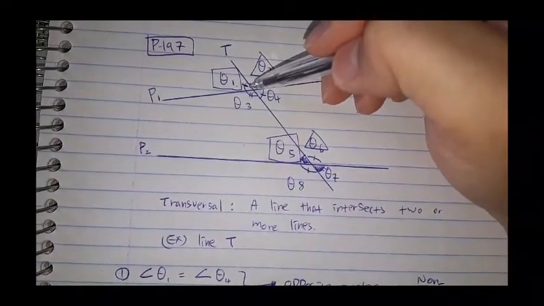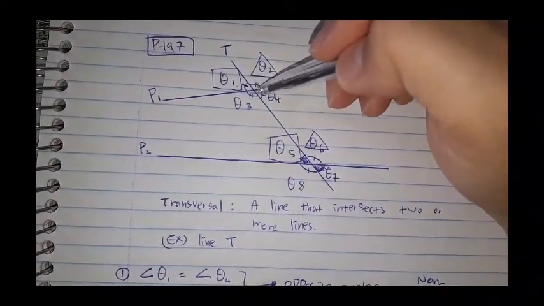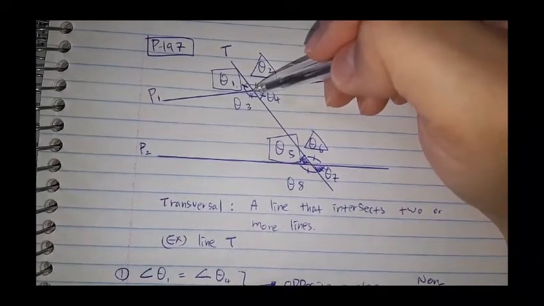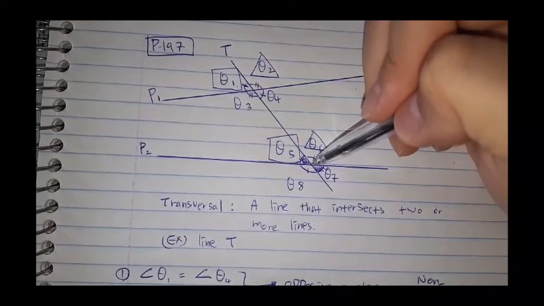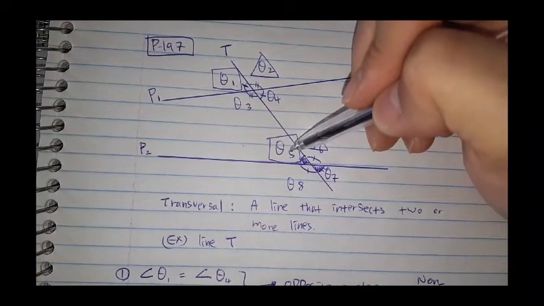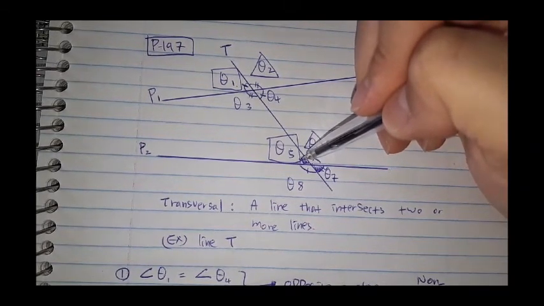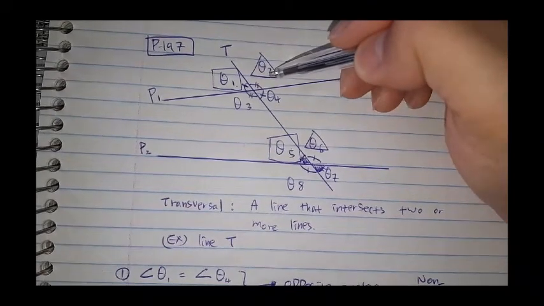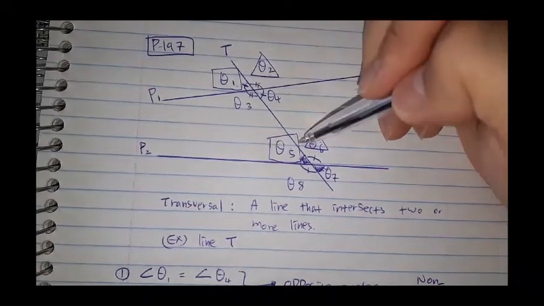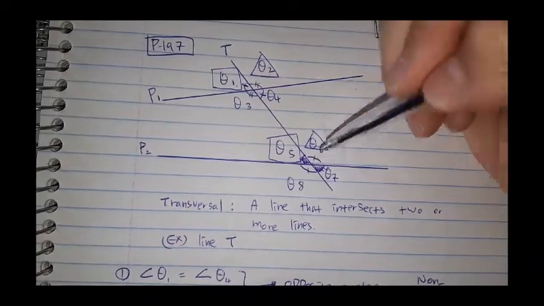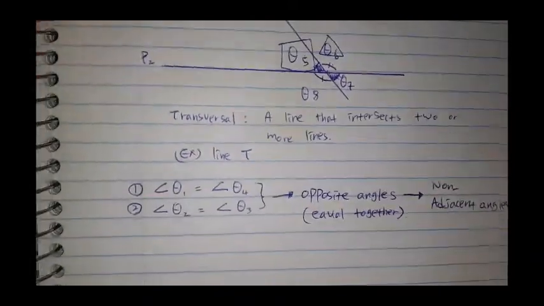Angle 1 is located on the left upper corner of the intersection point that is located above. Angle number 5 is also located upper left corner of the second intersection point. The location for angle 2 is upper right, and angle 6 is upper right.